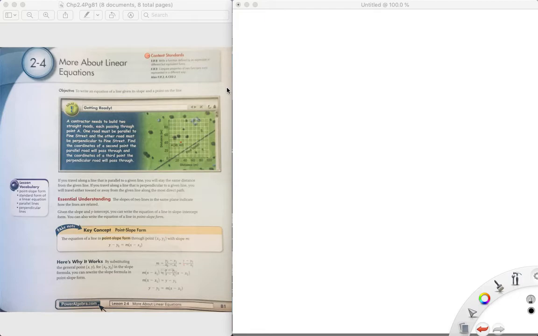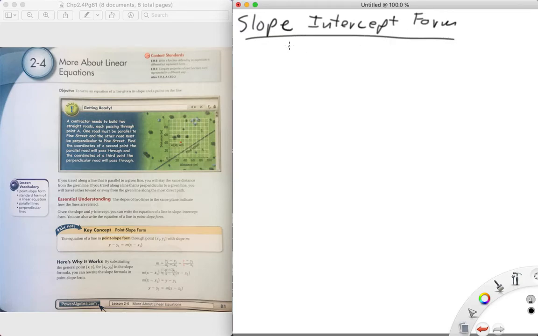Up to this point, we talked about slope-intercept form. And we said that slope-intercept form from the previous section is y equals mx plus b.